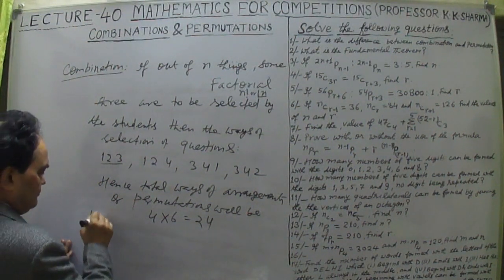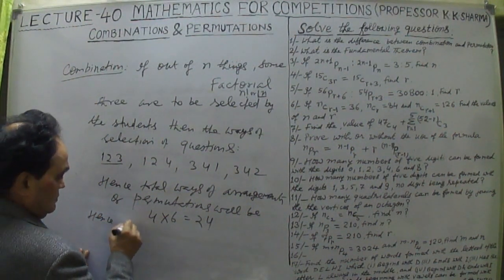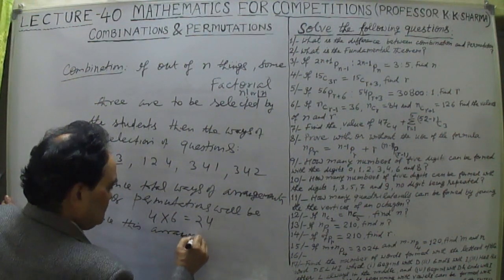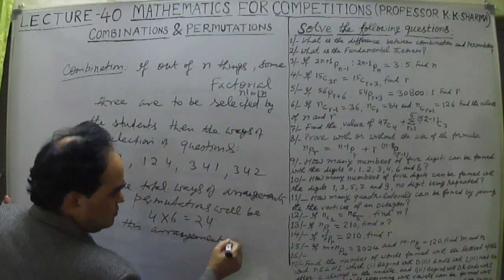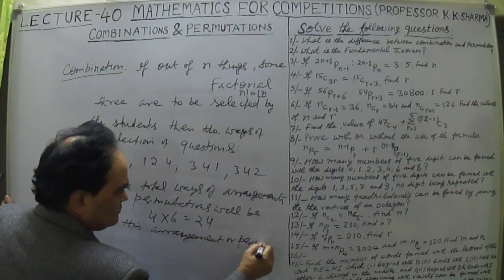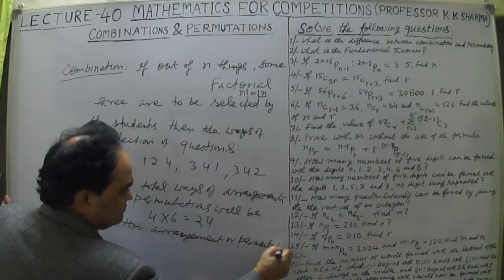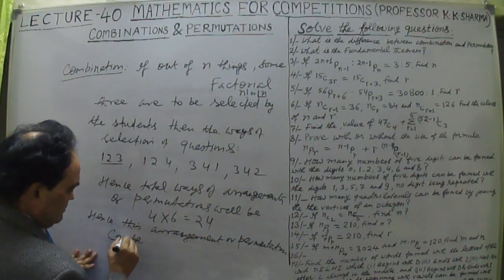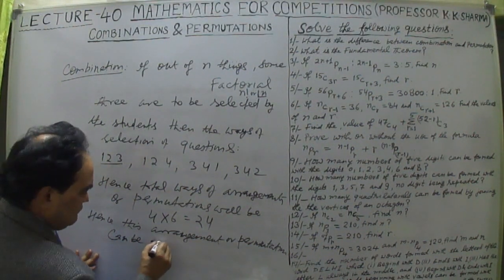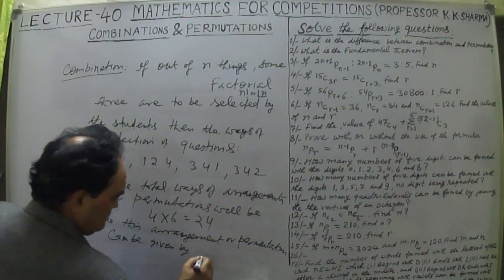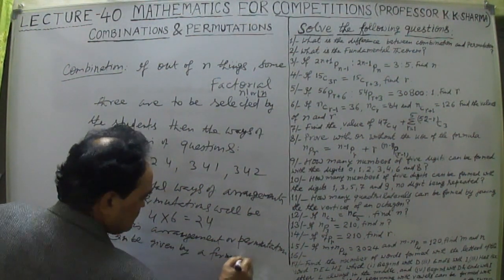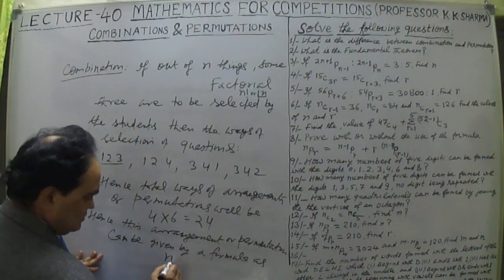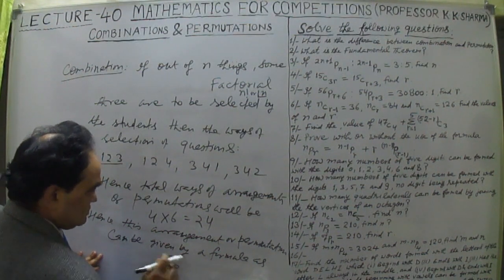Hence this arrangement or permutation can be given by a formula. What is the formula here? nPr.